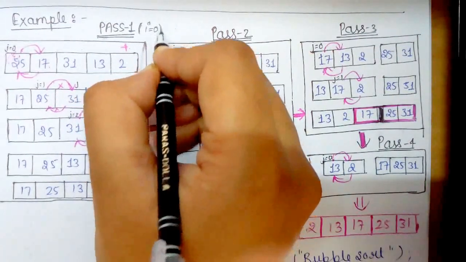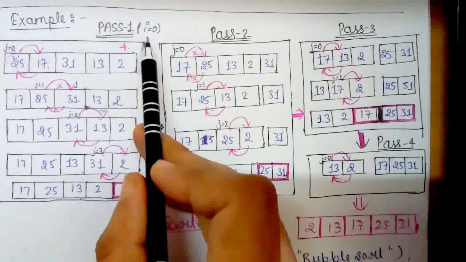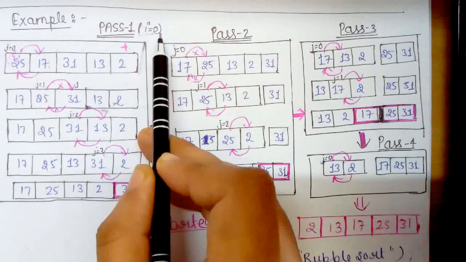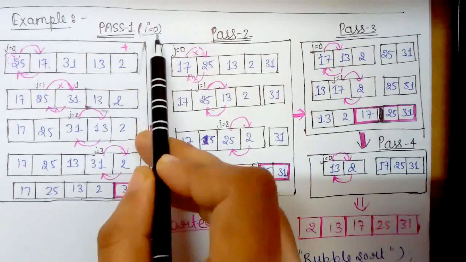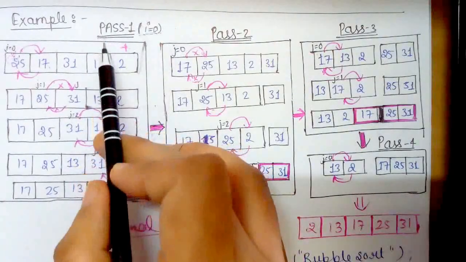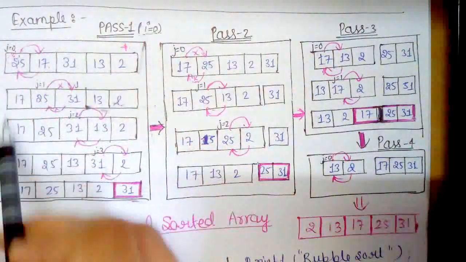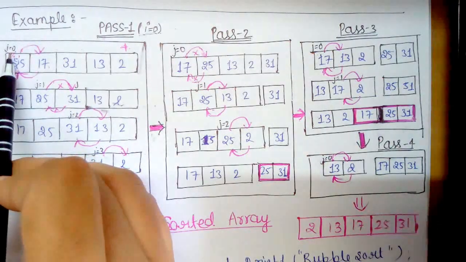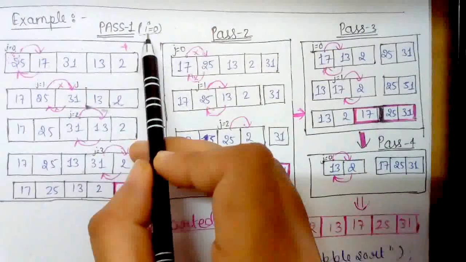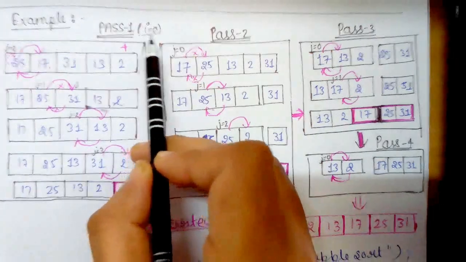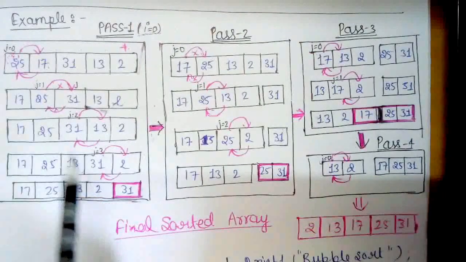If I start i from 0, this is the pass for i equal to 0, and in this first pass I am doing many comparisons. So I will take the jth loop for comparison and the ith loop for passes. In pass 0 I have 4 comparisons.